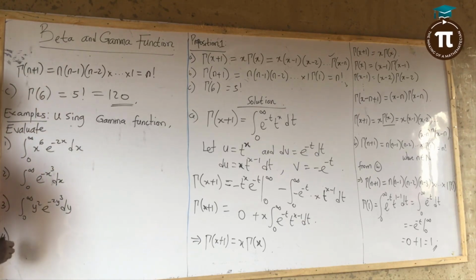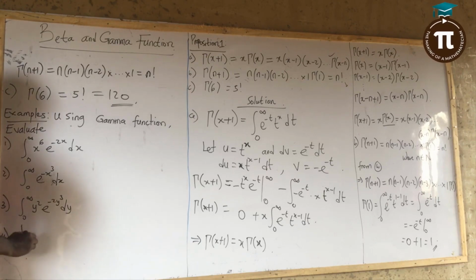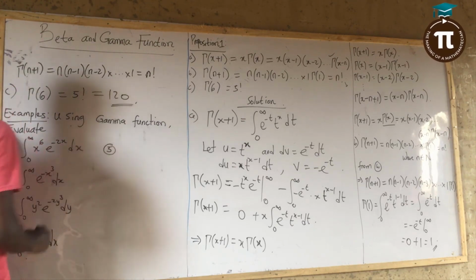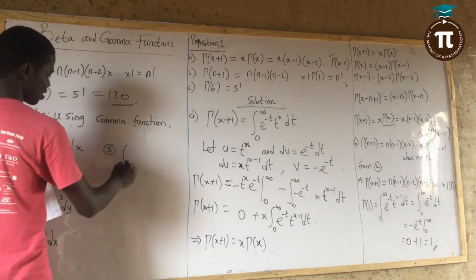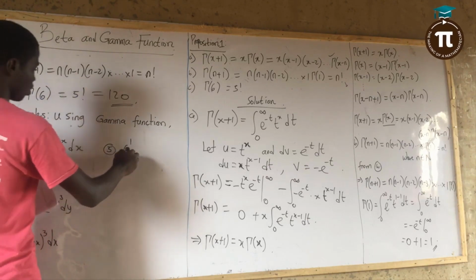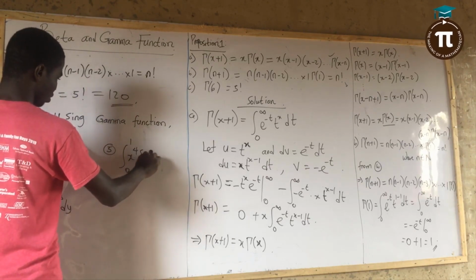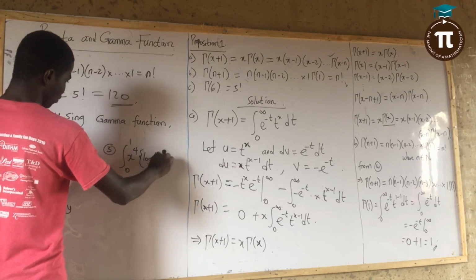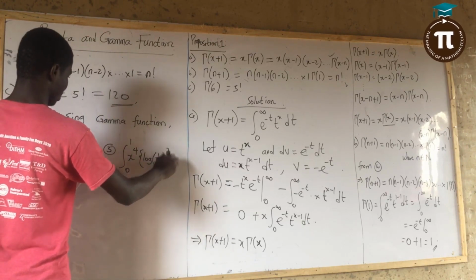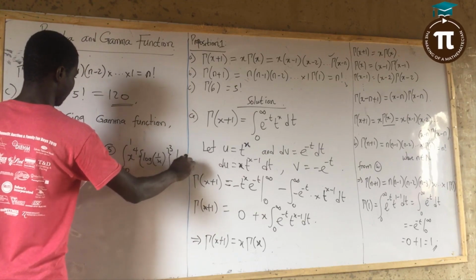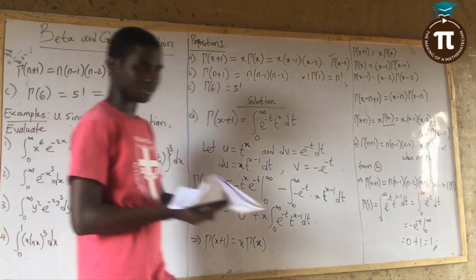Number 4: the integral from 0 to 1 of s^3 ds. Then lastly, number 5: the integral from 0 to 1 of s^4 (log of 1 over s)^3 ds.